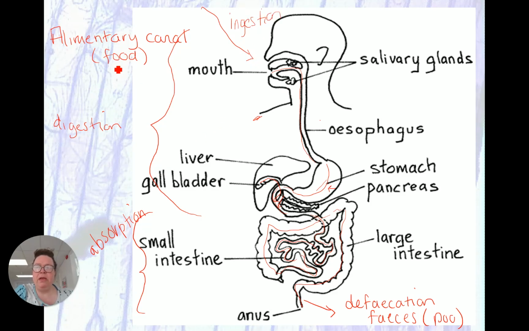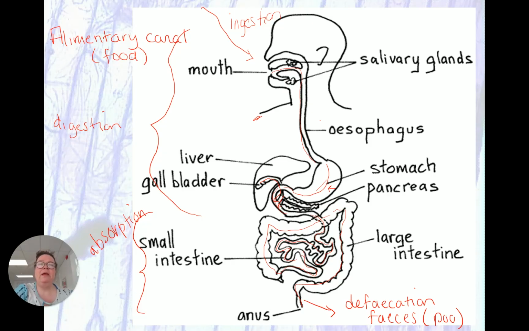Right, so some of these might be new words for you. Alimentary canal, although they wouldn't ask you to write it, they might put it in a question. So if they say alimentary canal, you're going to go, oh, well, that's where all the food goes. Okay, now when we take in the food, it's generally in long chain molecules.